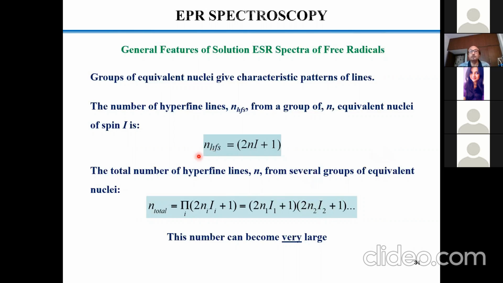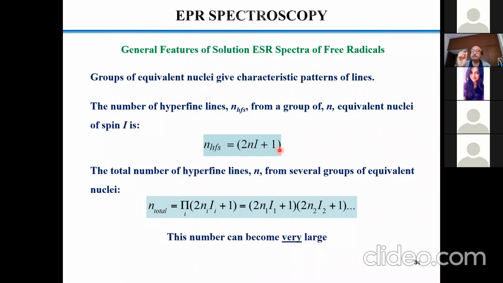So there is a simple equation: the number of lines for an equivalent situation, where all atoms are equivalent, is 2nI plus 1. That means if you have three equivalent centers, I'm talking about the hyperfine or super hyperfine situation, where the electron is associated with one particular atom, and that atom is linked to three equivalent centers, for example, and each equivalent center has, say, half spin.